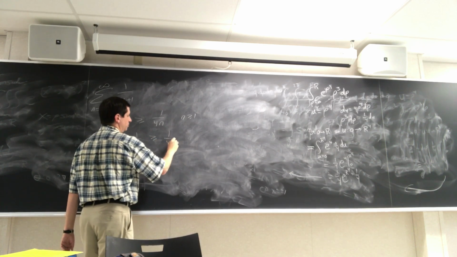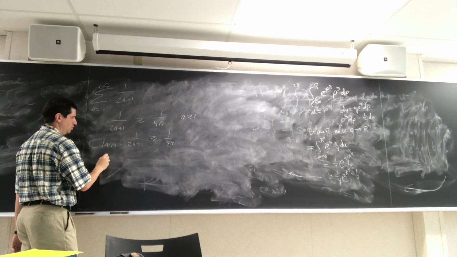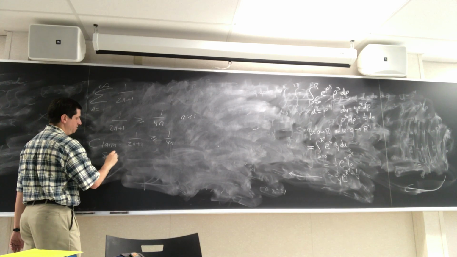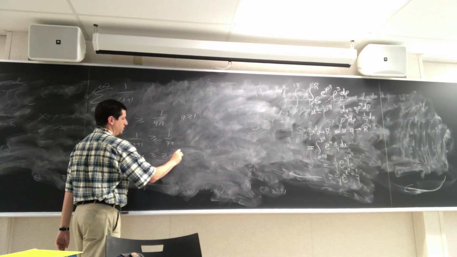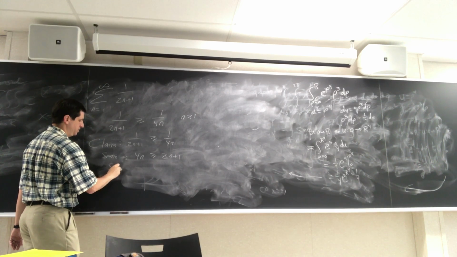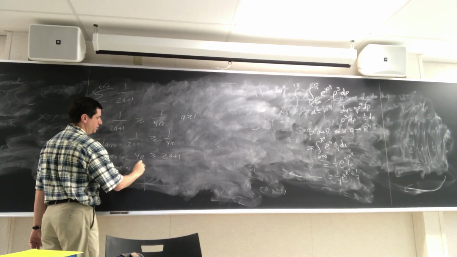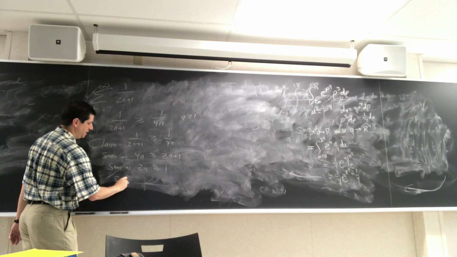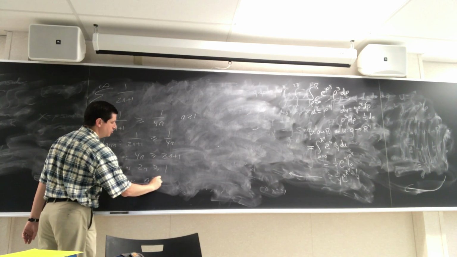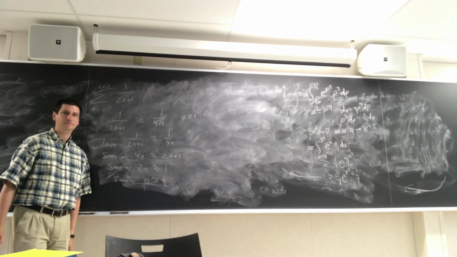So if you want to prove this rigorously, claim 1 over 2n plus 1 is greater than or equal to 1 over 4n. This is the same as 4n is greater than or equal to 2n plus 1, which is the same as 2n is greater than or equal to 1. It's the same as n is greater than or equal to 1/2.